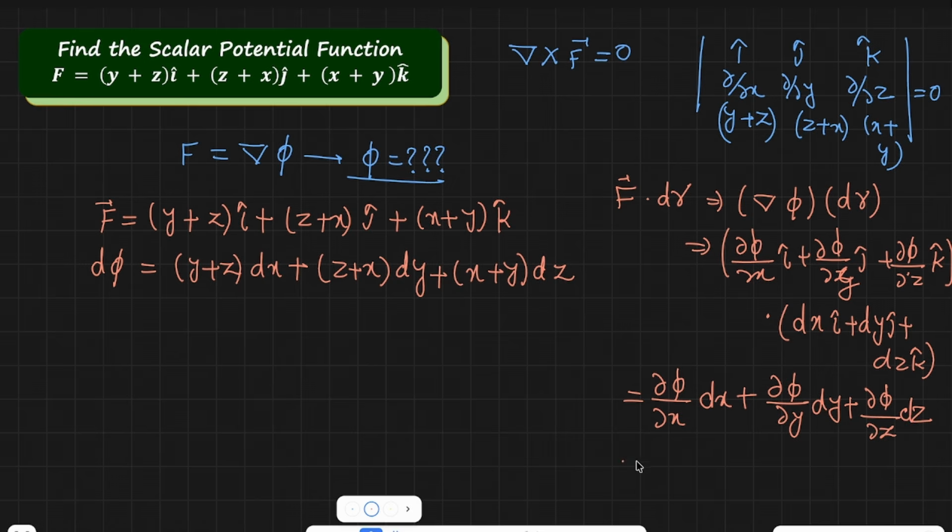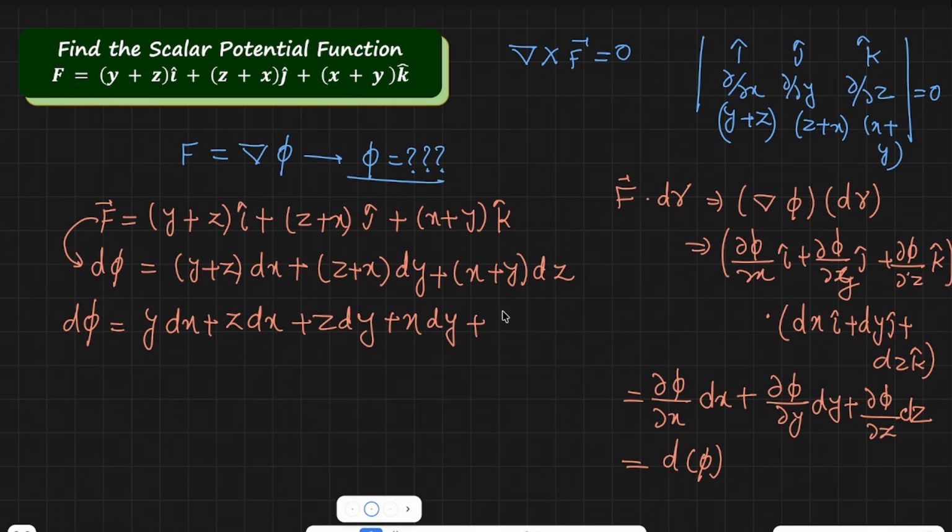It is called the total derivative, so we can easily write it like this. This is how we came from here to here. On the right hand side, I multiply with dx i cap, and it will be like this. Now what to do after this? That's the concept. You simplify this: y dx plus z dx plus z dy plus x dy plus x dz plus y dz.